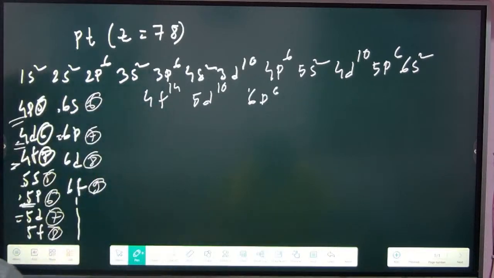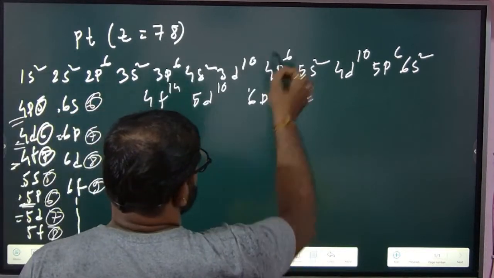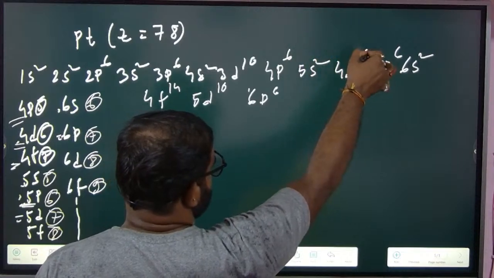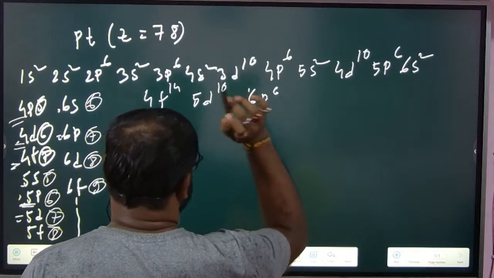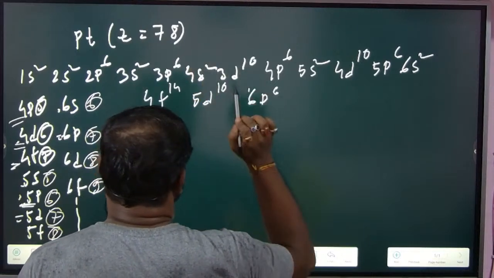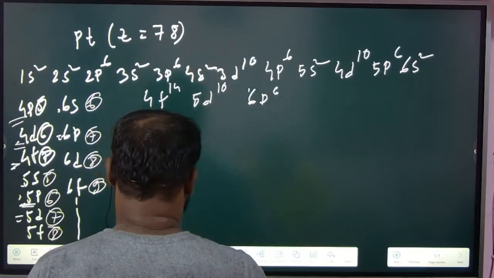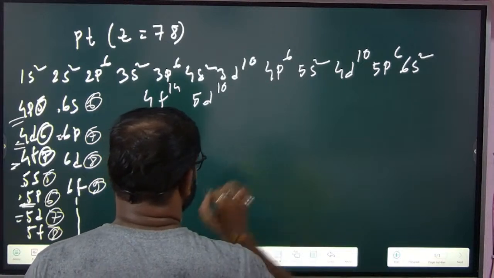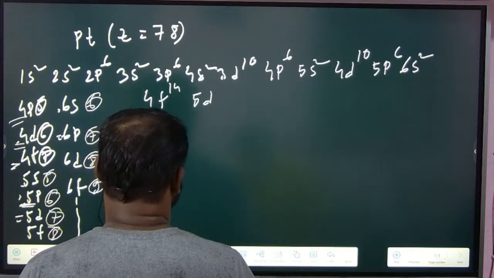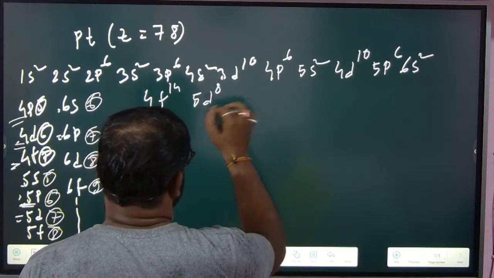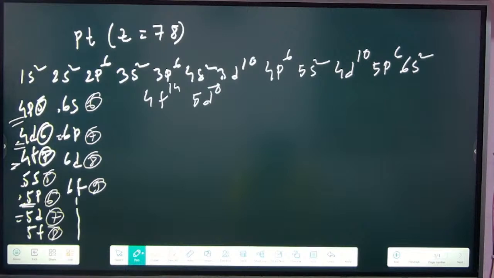Now count how many electrons are done: 30, 36, 38, 48, 54, 56, 70, 80, 86. We have only 78, so this is not necessary, and here only 8 electrons remain. So this is the configuration of platinum.